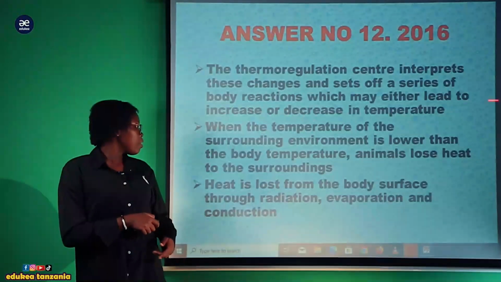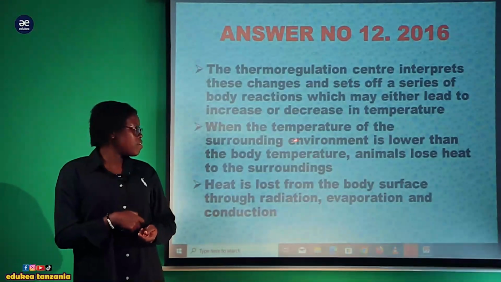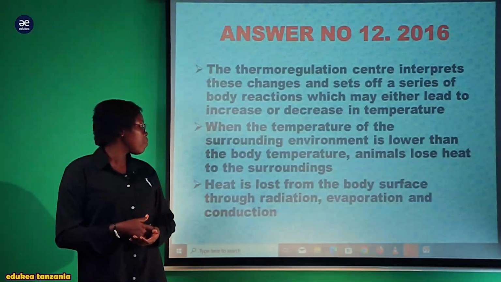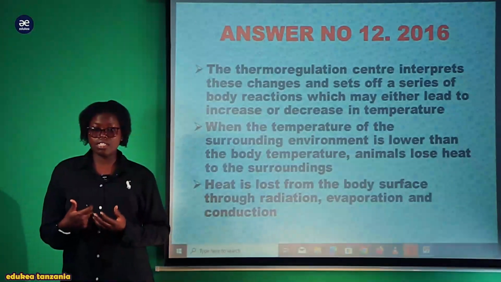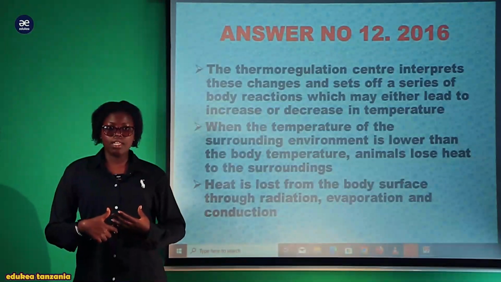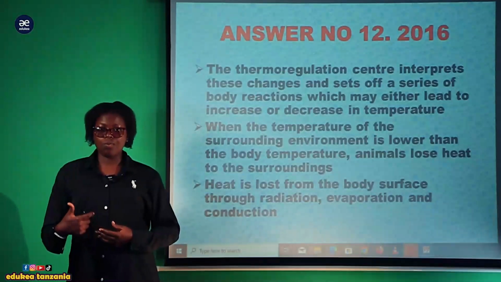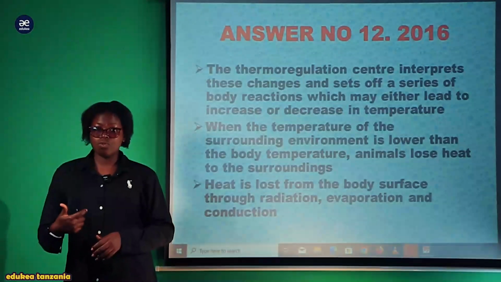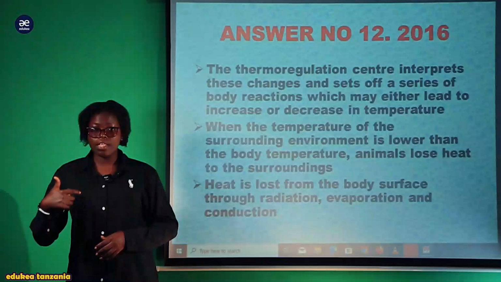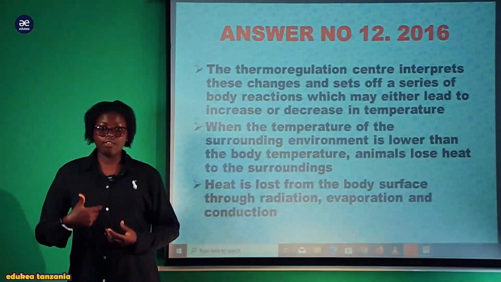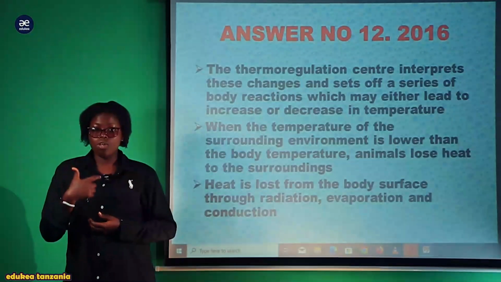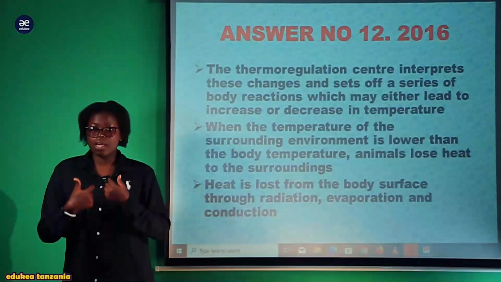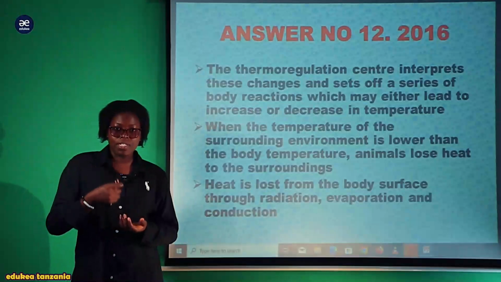So when the temperature of the surrounding environment is lower than the body temperature, animals lose heat to the surrounding. In case the temperature of the surrounding environment is lower than the internal one, the body temperature of some organisms can fall, but these homotherms have mechanisms to ensure that the internal temperature is restored or maintained normal as usual.